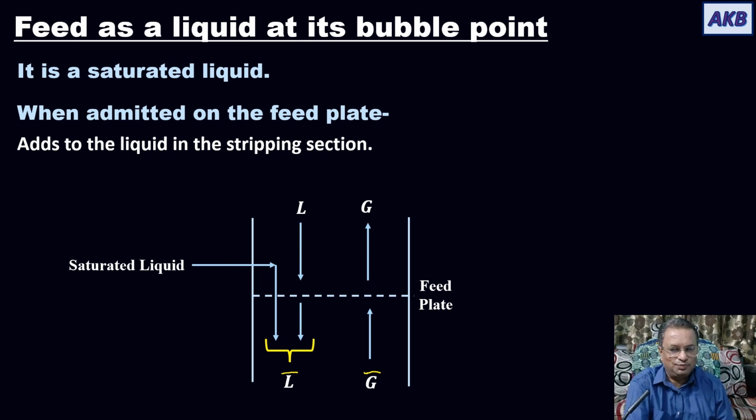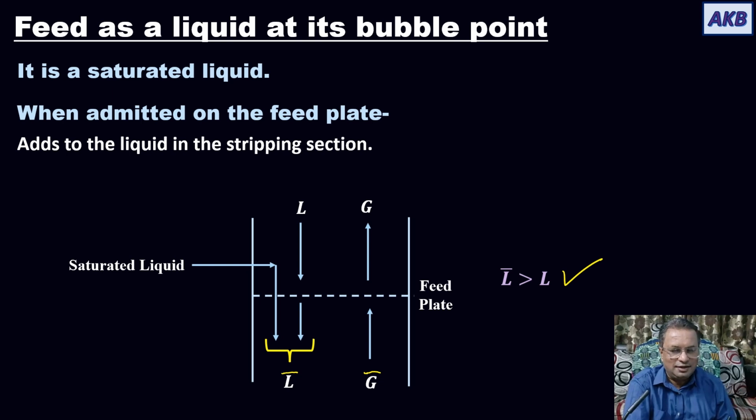So you can see from the schematic diagram, here L bar is greater than L, because feed gets added to L. That's why L bar is greater than L, whereas there is no change in the vapor phase. So vapor flow in the stripping section is equal to vapor flow in the rectifying section. So that's why you have this relation: L bar is greater than L.